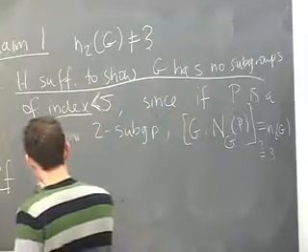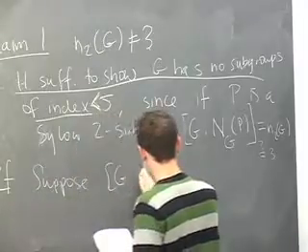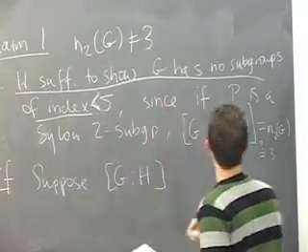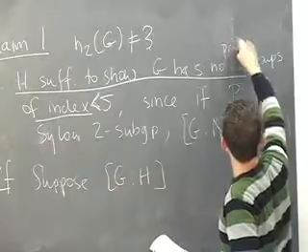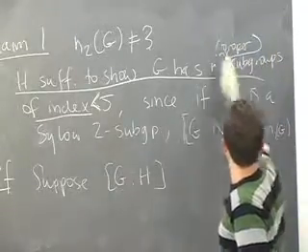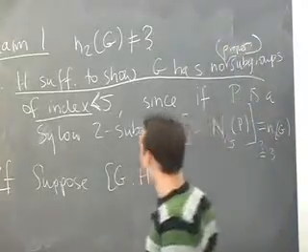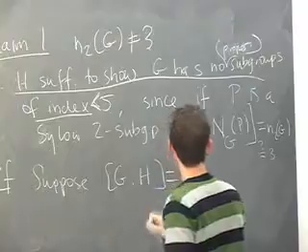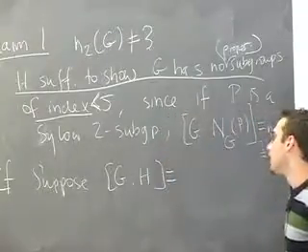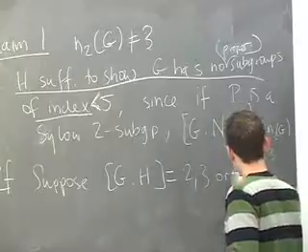So suppose we have a subgroup. G has no, and I should also say proper, proper subgroups. So suppose the index of H in G is 2, 3, or 4.